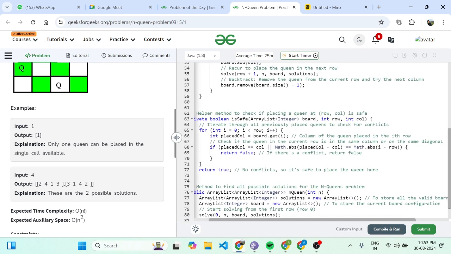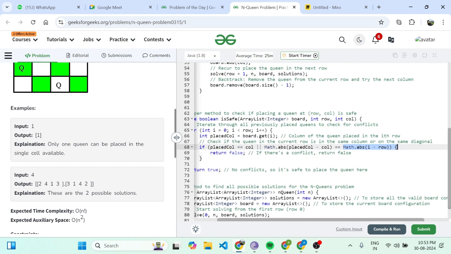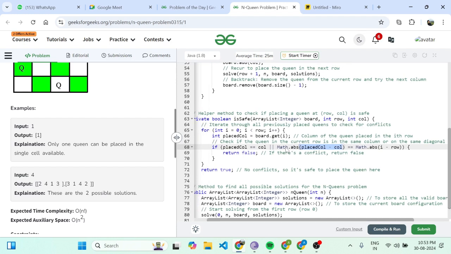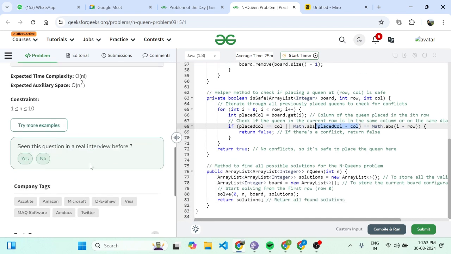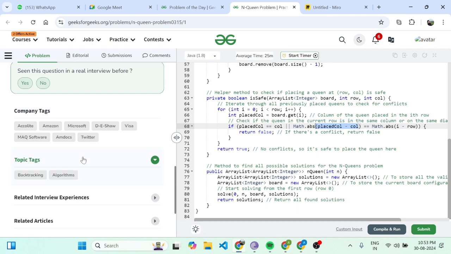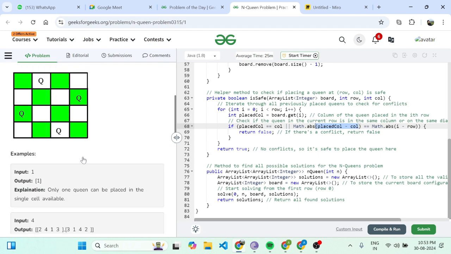And finally, we are also checking if the queen in the current row is on the same diagonal as the previously placed one. So this is the previously placed queen and this is the diagonal element, whether it is containing a queen or not. In either case, if it is already present, that means there is a conflict. In case of a conflict, we return false, or else we return true. In the topic tags, we can see backtracking, recursion, and algorithms.